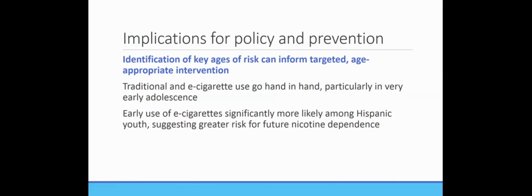And then I think importantly, this early use of e-cigarettes and also combustible cigarettes was significantly more likely among Hispanic youth, only during middle school, but suggesting a greater risk, I believe, for future nicotine dependence and future health disparities between Hispanic and white and Black individuals.